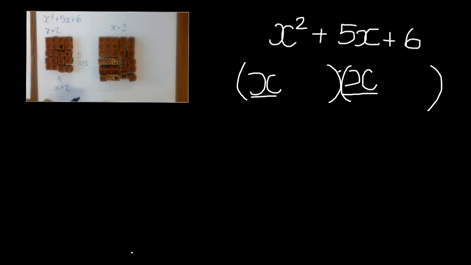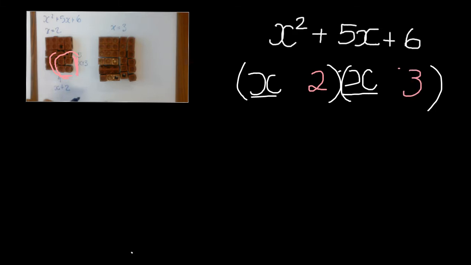Now, I need to deal with my 6 little units. Well, they ended up contributing to 3 along one side and 2 along the other. They're these bits here. I don't know if you can see them. There and there. And they multiply together to get 6, that little unit set on the end there. So 2 and 3 will multiply to this bit here.